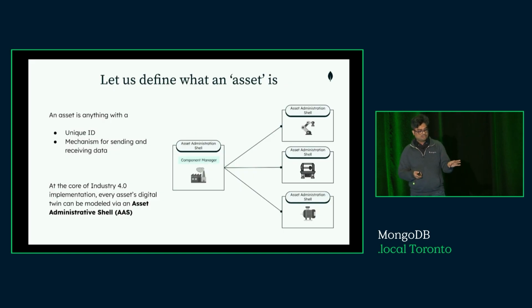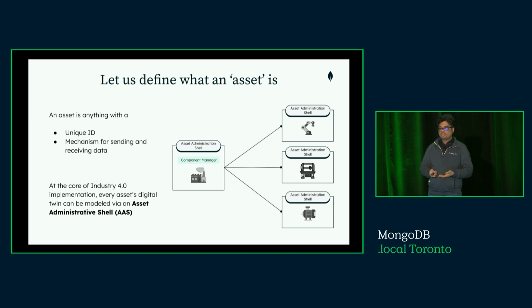So what exactly is an asset? An asset is anything that has a unique ID and has a mechanism of sending and receiving data. So all your machines, all machine components, all products, technical drawings, supervisors, operators, job orders are all assets. At the core of Industry 4.0 implementation, every asset's digital twin can be modeled by something called an asset administration shell.